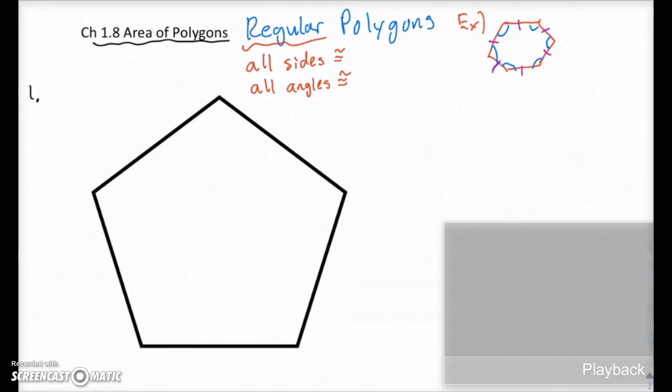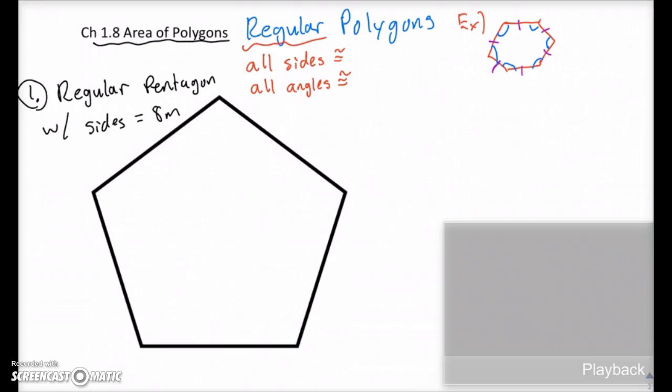And so our problem here, we're going to be talking about finding the area of a polygon. For problem 1, we're given a regular pentagon with sides equaling 8 meters.